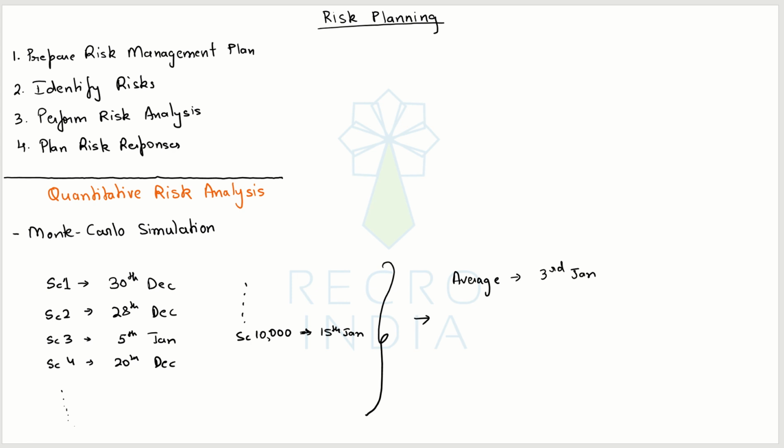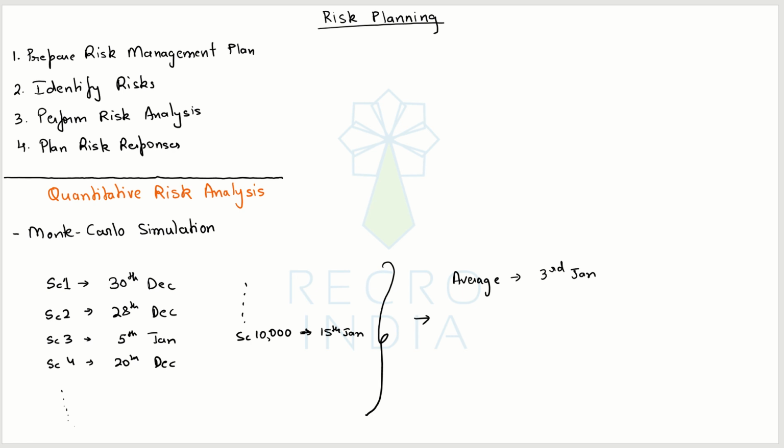This seems to be a pretty confident date, considering that we have taken into account 10,000 different possible scenarios, and out of those, the average end date is 3rd Jan. But we can go further also.